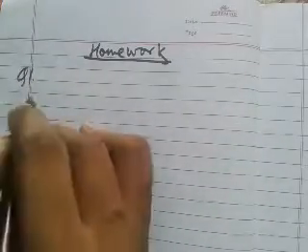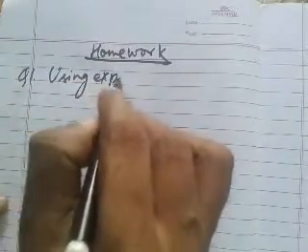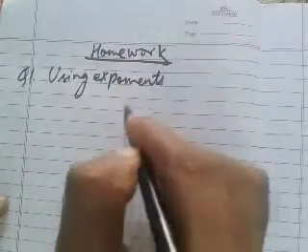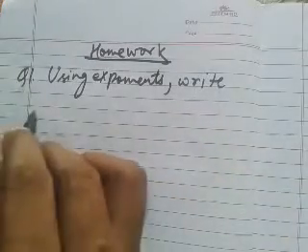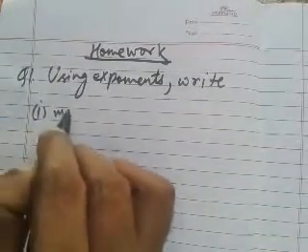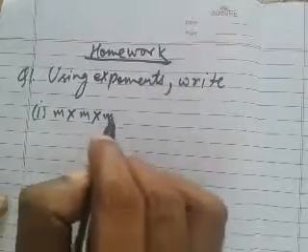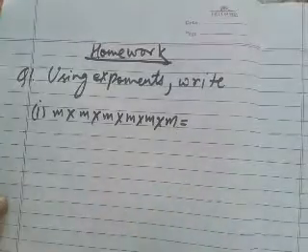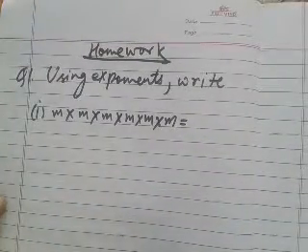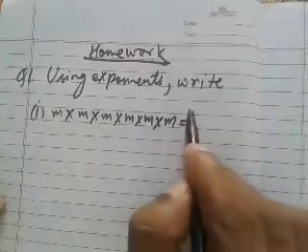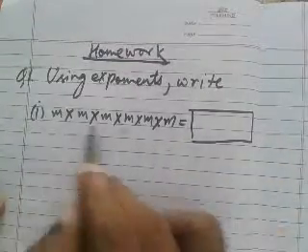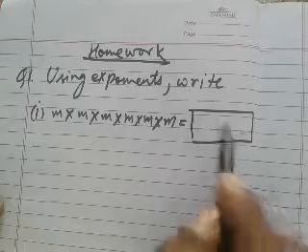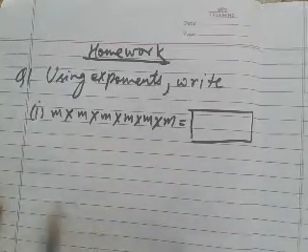Question 1: using exponents, write these numbers m multiply m multiply m multiply m multiply m. You should write this multiplication in short form or exponential form.